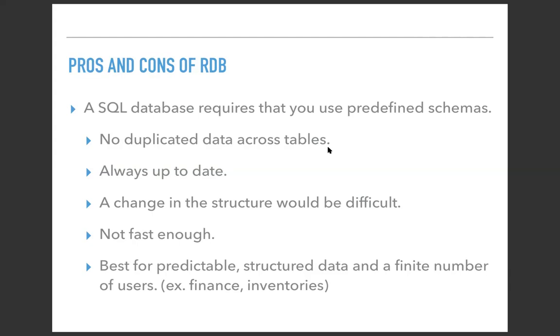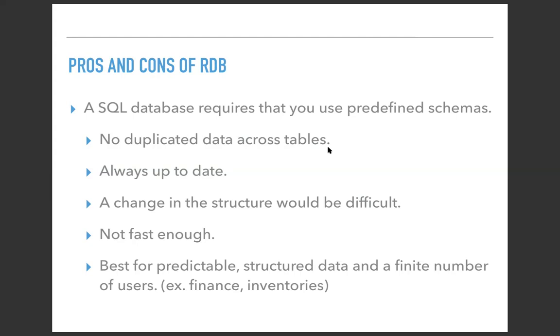So pros and cons of relational databases, which you can call a SQL database, which is the one that you made with Postgres. And this requires you to use predefined schemas. So if you remember from our previous webinars, in a SQL database, the first thing that you do, you define the entities, that is like the things, objects that you want to track data about, and you define the relationship between these different entities.